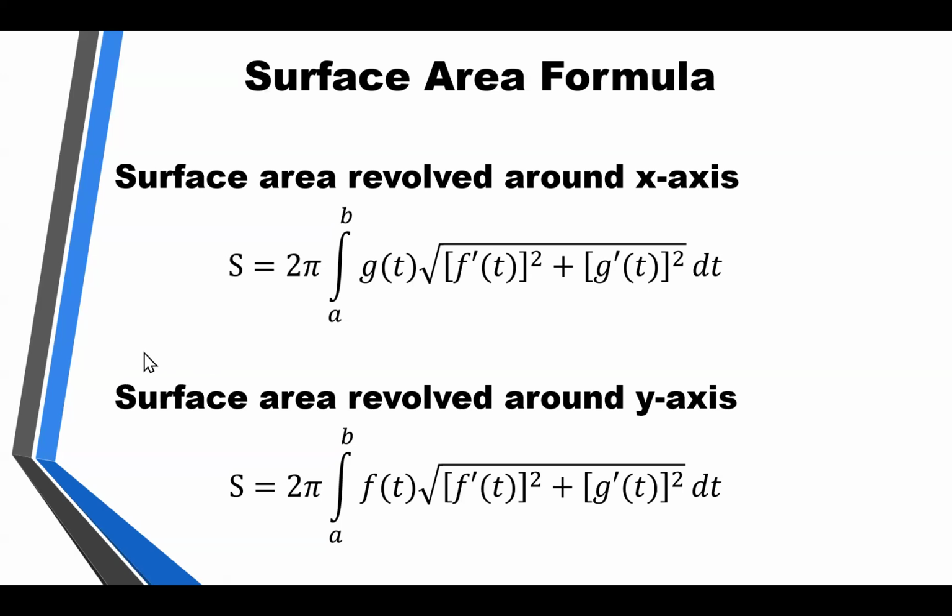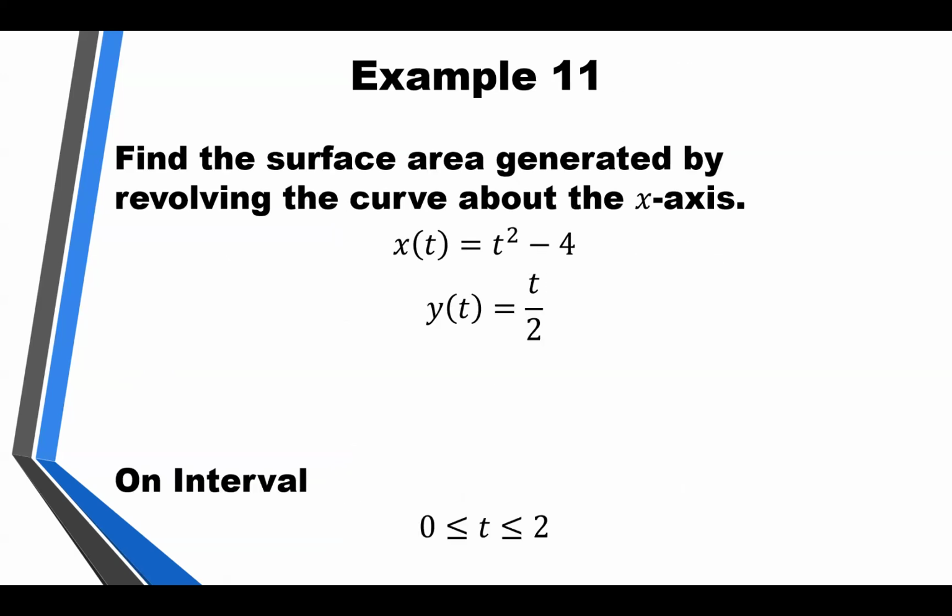Once we've seen that, then we can find surface area for revolving any curve we want around, well, the x-axis or the y-axis. If you wanted to revolve it around another horizontal line or another vertical line, you just shift the radius.